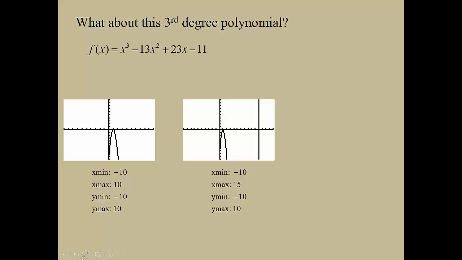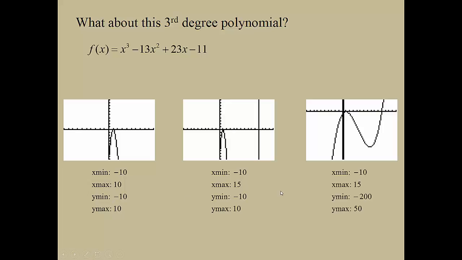And so that also tells me I need to change a setting on my window. That Y min needs to be much smaller than negative 10. Now again, you can experiment with this until you get a good number. And you can see the numbers that I've used over here in my window settings. And we have a good graph for that polynomial.